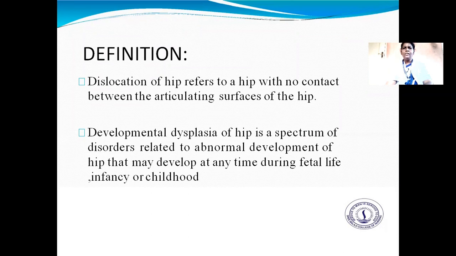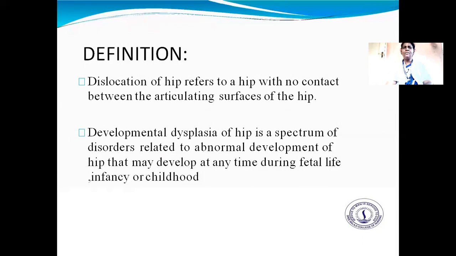Another definition: developmental dysplasia of hip is a spectrum of disorders related to abnormal development of hip that may develop at any time during fetal life, infancy, or childhood.